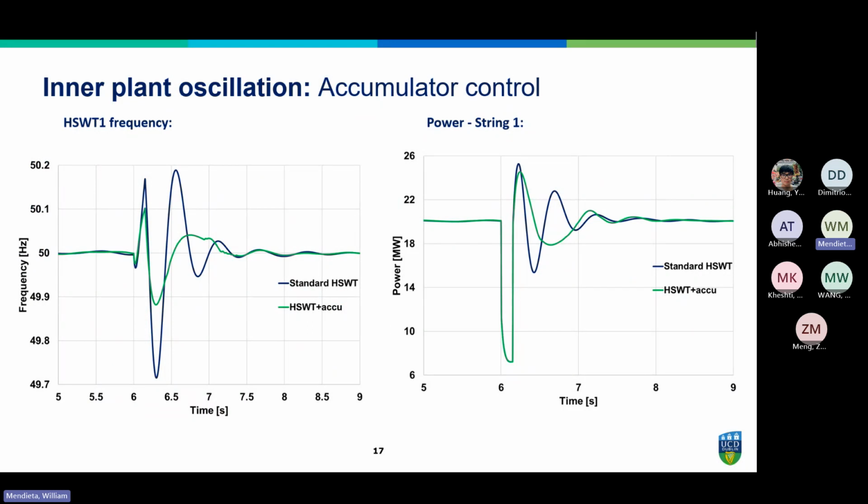It's observed that the accumulator effectively counteracts the frequency oscillations, reducing the likelihood of generator overspeeding and a loss of synchronism. Similarly, the figure on the right shows the impact of the accumulator on reducing the power oscillations in string 1. Again, it can be observed that the accumulator rapidly absorbs and releases energy, effectively reducing power fluctuations.